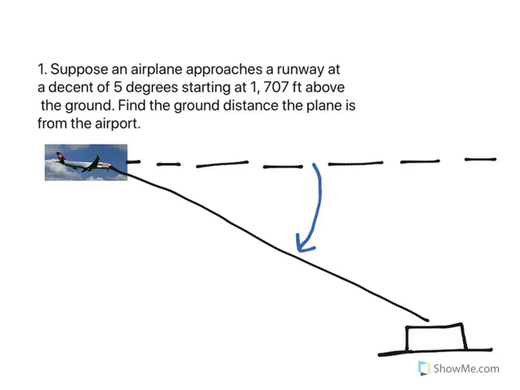This angle here, going from the horizontal downward, would be my angle of descent, since it's a plane, or angle of depression. It told us that that angle is 5 degrees.